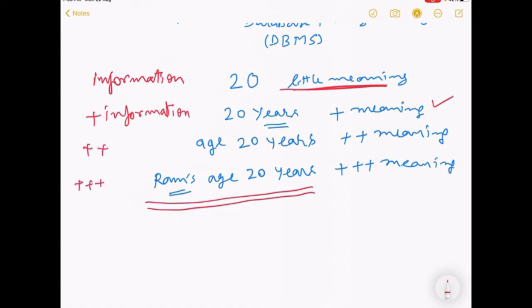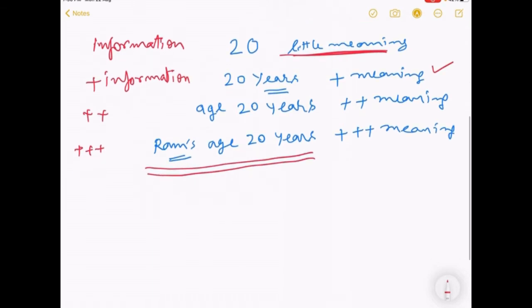So you see here, every time I am adding more and more meaning, and it is giving me more information compared to the previous one. Now the question is, what is data, what is information? So when I write here simply 20, it is providing me very little meaning or very little information. But if I write here 20 years, it is providing me more information.